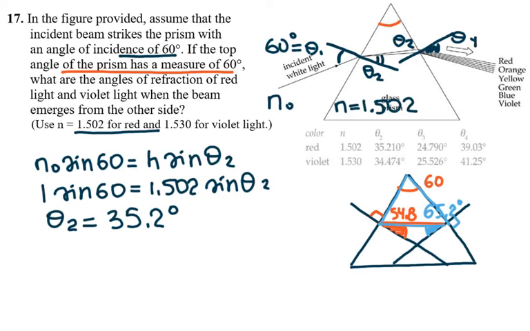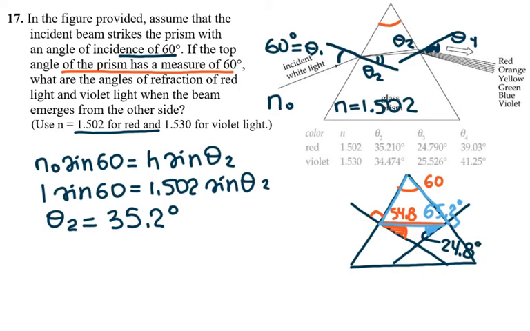So that is 90 minus 65.2, which gives me 24.8. So that angle is 24.8 degrees.